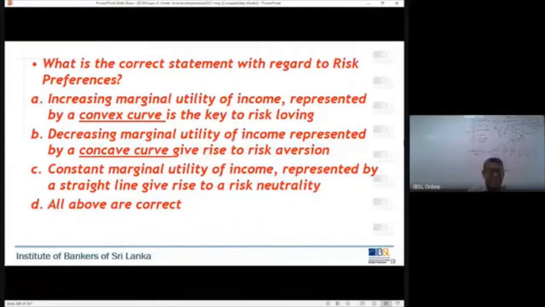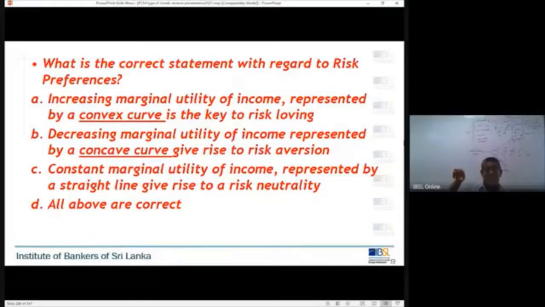What's the correct answer? Now you have to remember the risk lover curve, the risk averse curve, and the risk neutral curve. We discussed the convex curve and the concave curve. To make it an advanced question, you need to remember: is the risk loving curve convex or concave?